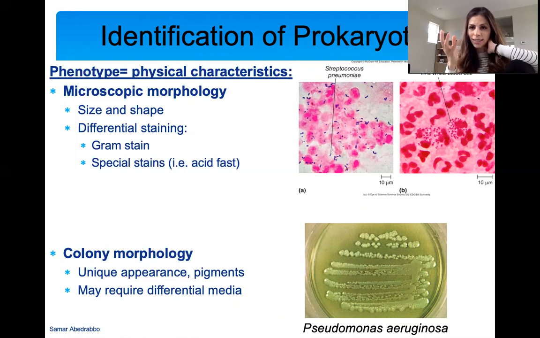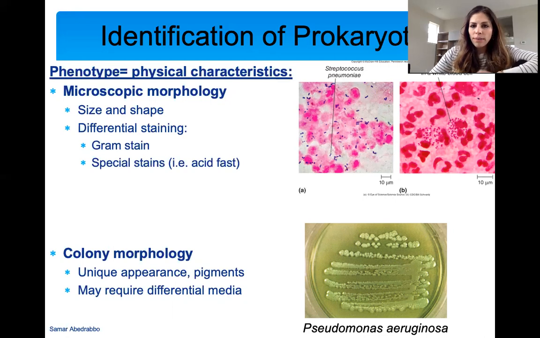Anything you can see is a phenotypic characteristic. Genotypic characteristic is when you're actually looking at the DNA, the genes. So if you can see something, we consider it a phenotypic characteristic, a physical characteristic. Microscopic morphology is a phenotype, a physical characteristic that you can use to identify bacteria.